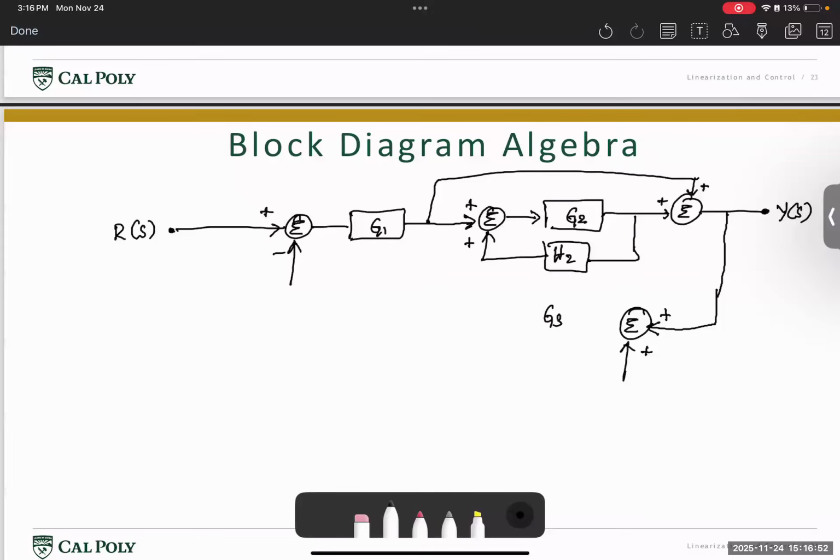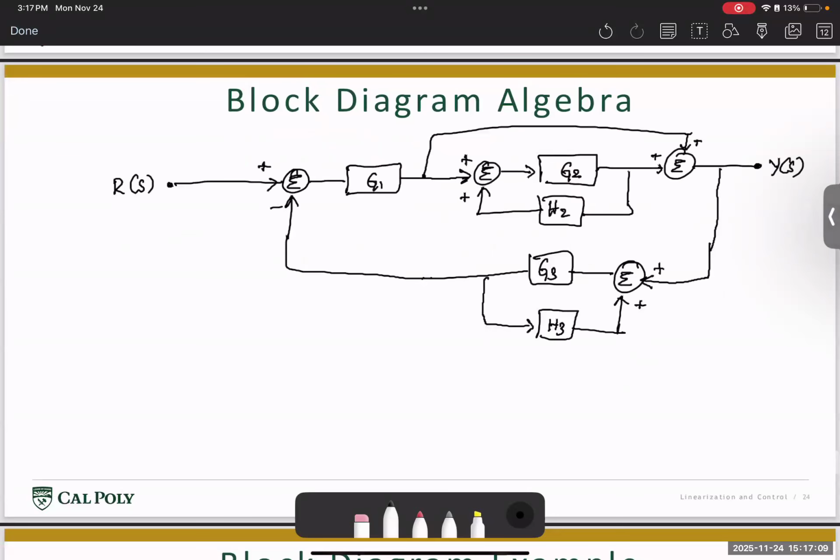Let's say this goes through a gain G3, and then this comes all the way back here. But then we're taking some part of feedback where we say we have H3 that goes here. All right.